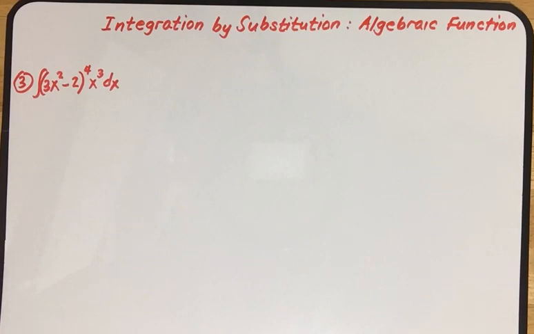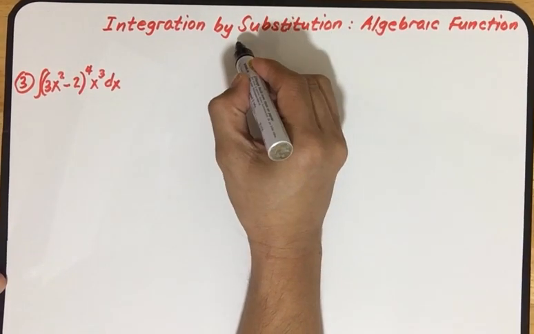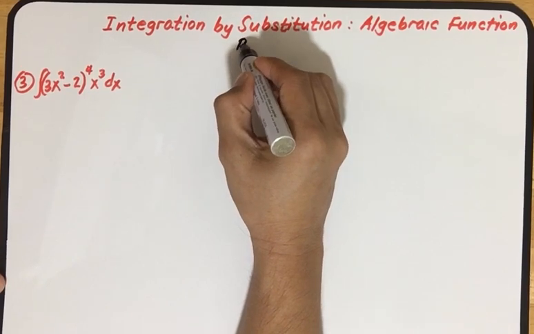So in that case, if you encounter an integral that cannot be solved using integration by substitution, then you may try using binomial expansion.